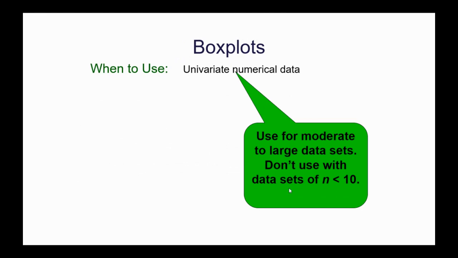So when do we use them? When you have univariate numerical data, but make sure the data set is not less than 10. If n is less than 10, you don't want to use these. We need n to be greater than or equal to 10 in order to use them.